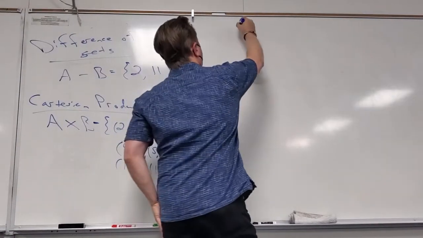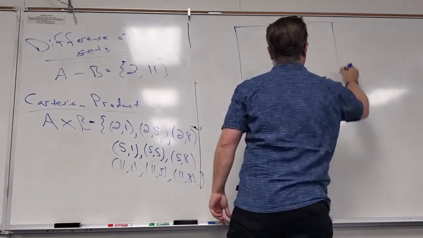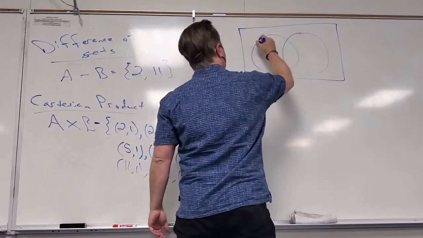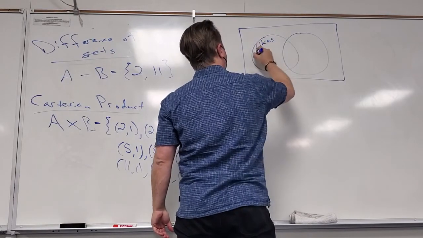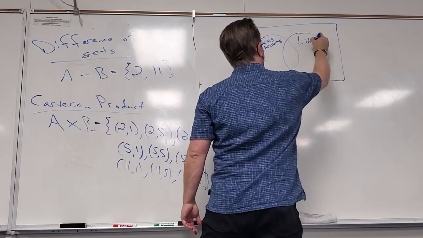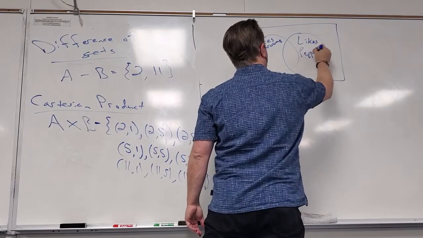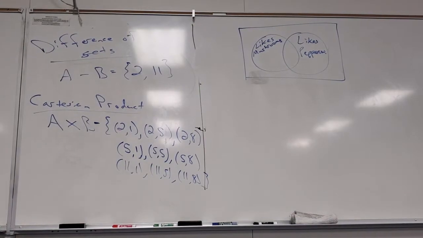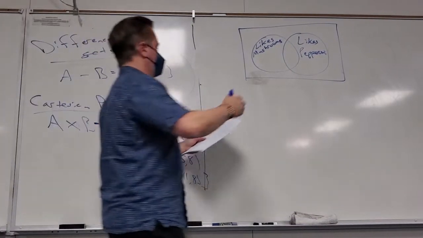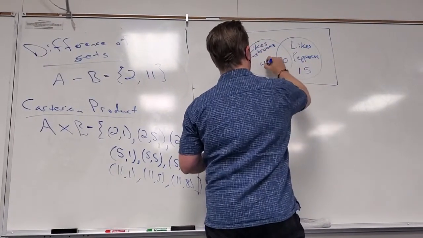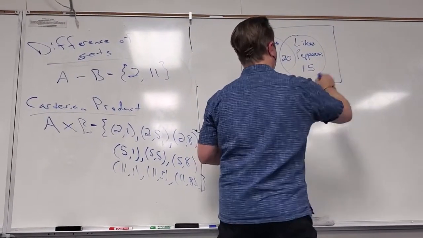One problem is going to be creating your own Venn diagram. So here is likes mushrooms, likes pepperoni. Okay, so I got 20, 15, 4, 11.